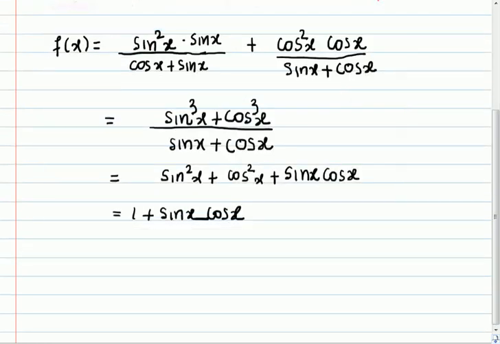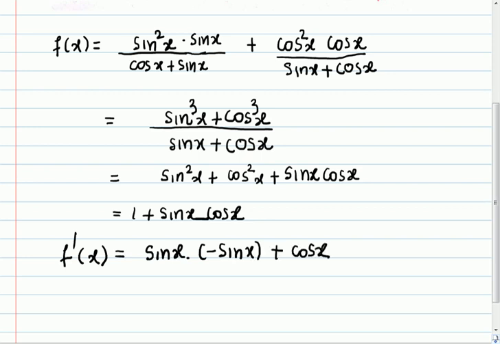Now this function we have to differentiate. What is f dash of x is equal to differentiation of constant 0, sin x as it is, differentiation of cos x is minus sin x, plus cos x as it is, differentiation of sin x is cos x.